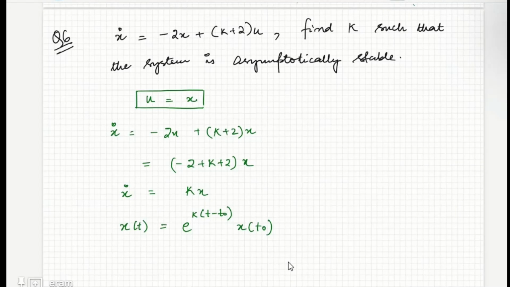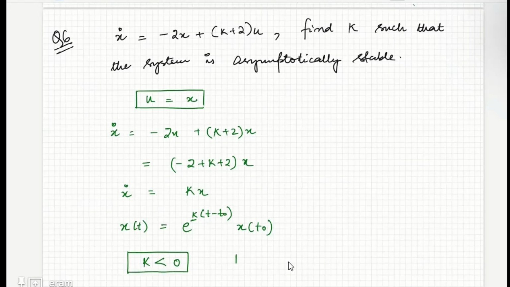When will this solution x(t) converge to 0? Only when k is negative, then this will be a decaying function and x(t) will converge to 0, or we can say that the system is asymptotically stable. So the condition for this to be asymptotically stable is any k which is less than 0.